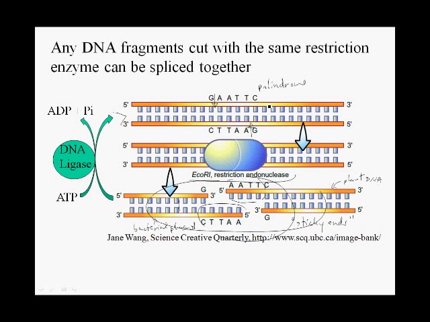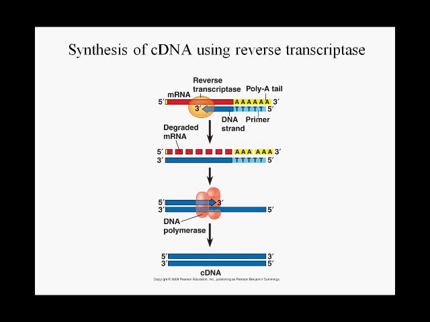Taking snippets of DNA from different sources, if they're cut with the same restriction enzyme, they have complementary sticky ends, they will tend to join together, and then you can permanently ligate them together with DNA ligase, which will produce a novel DNA molecule with DNA fragments spliced together from different sources. So that's cutting and joining DNA molecules to generate recombinant DNA molecules.